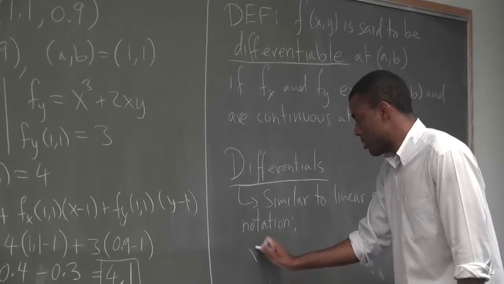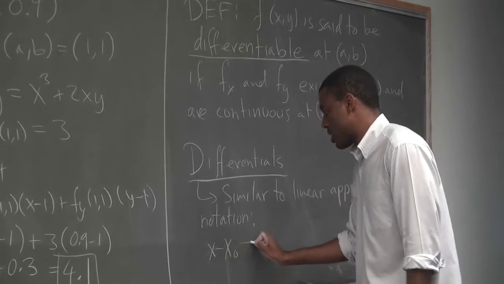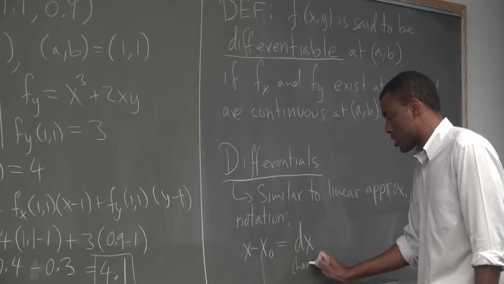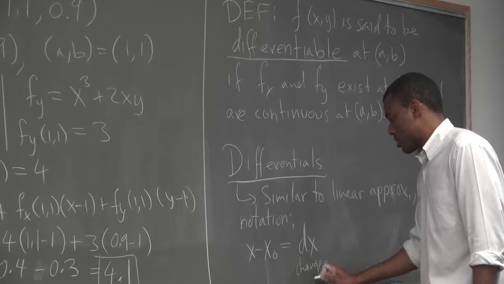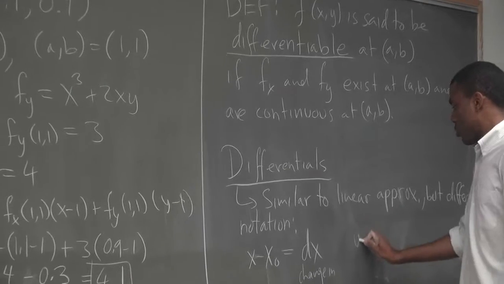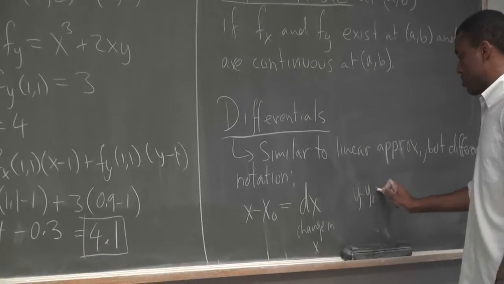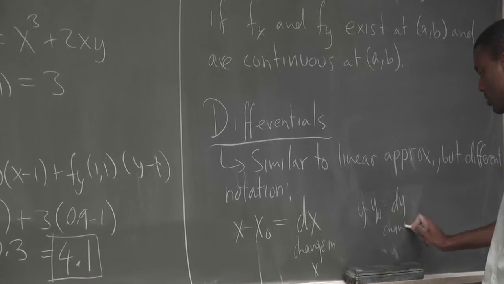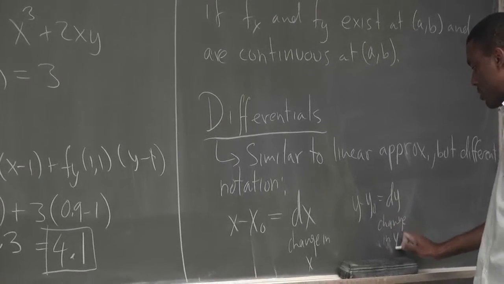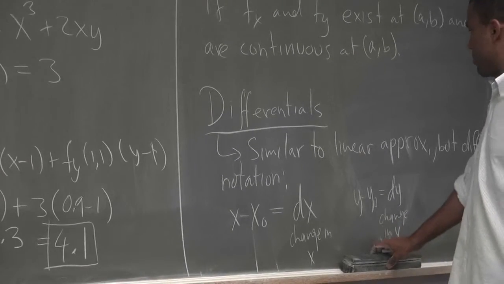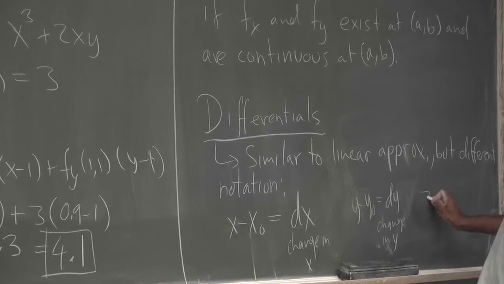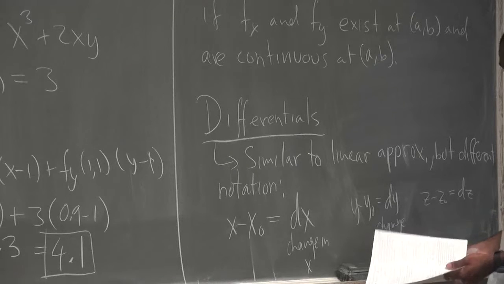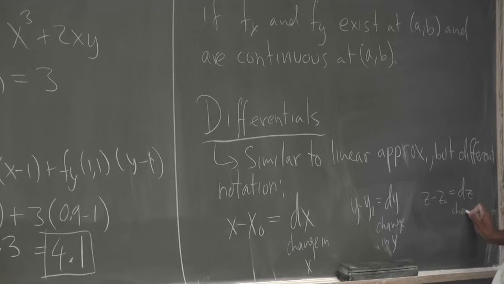So basically, if you see something like x minus x0, you think of that as dx, meaning the change in x. Or y minus y0 is dy, which you think of as change in y. Your z minus z0 is of course dz, which is a change in z.